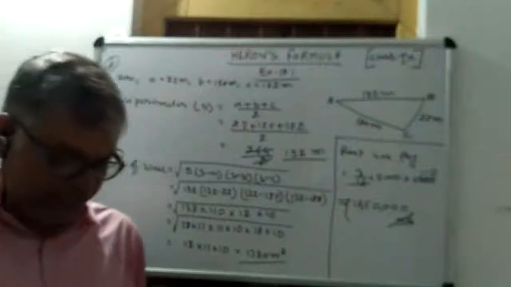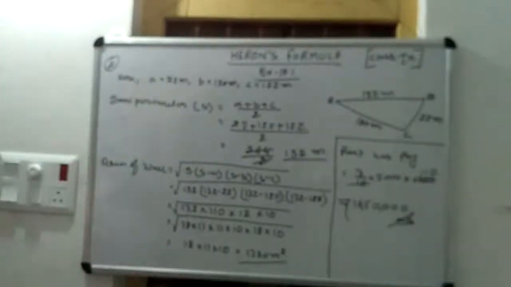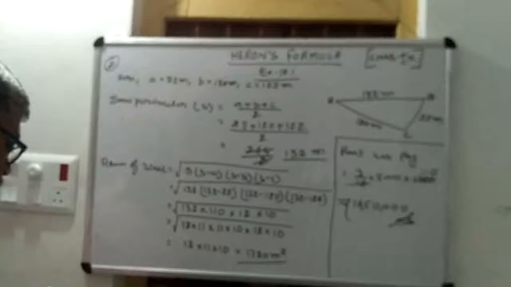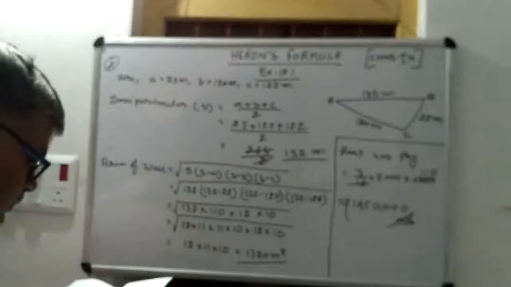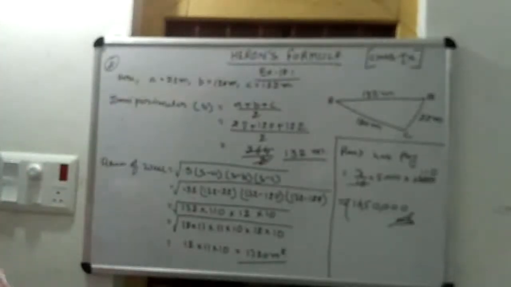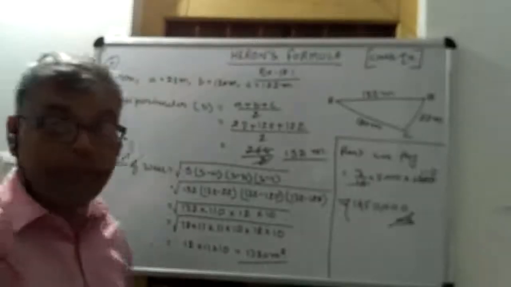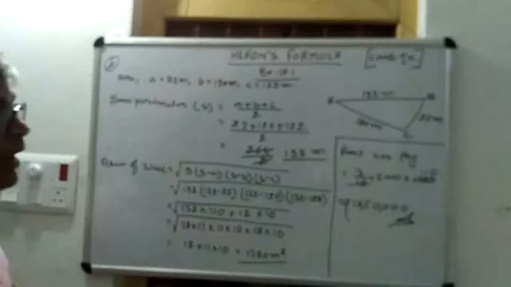This is the rent for the 3 months for the area he hired for the advertisement. So this is the rent the company has to pay for the 3 months.